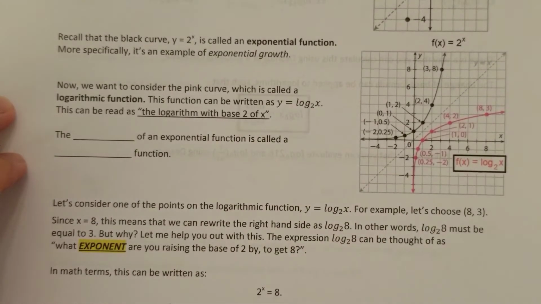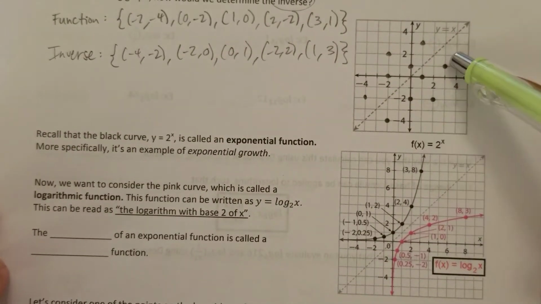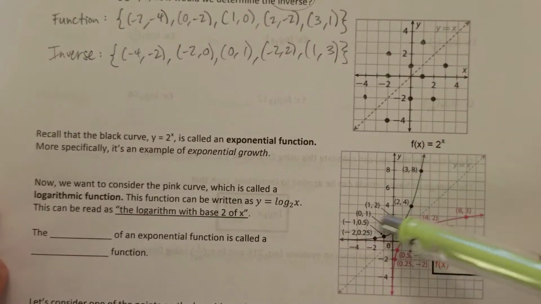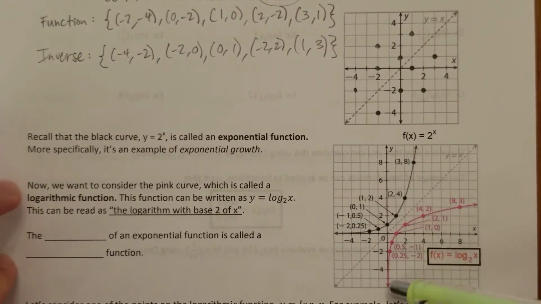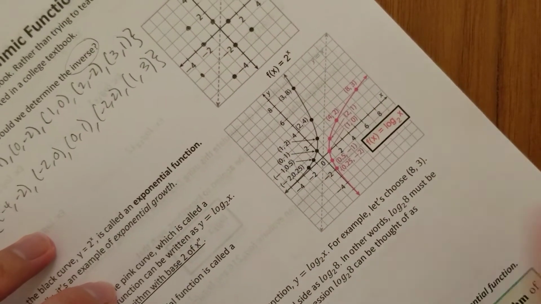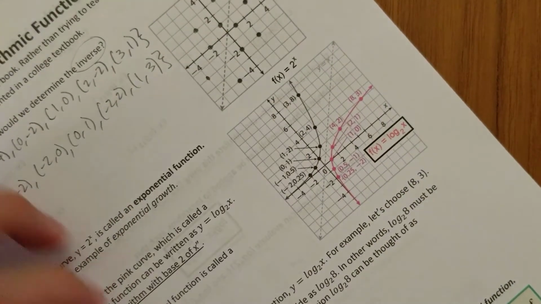If you compare this graph and this graph, this exponential function and this logarithmic function, if I were to turn this around, you can see that the logarithmic function is just a mirror image of the exponential function.